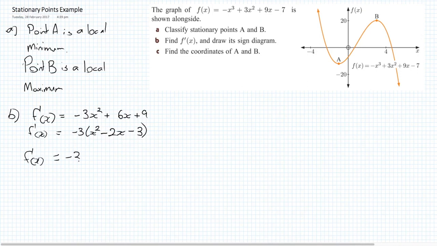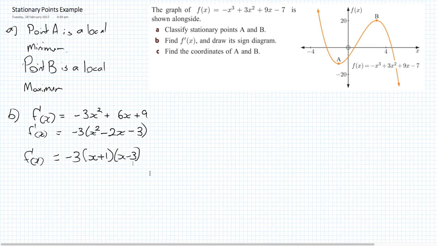So our final answer for our derivative is going to be minus 3 times (x plus 1)(x minus 3). Now, the way I've done it is thought of what two numbers, when multiplied together, create minus 3, but when added together, create minus 2. So minus 3 plus 1 is minus 2.